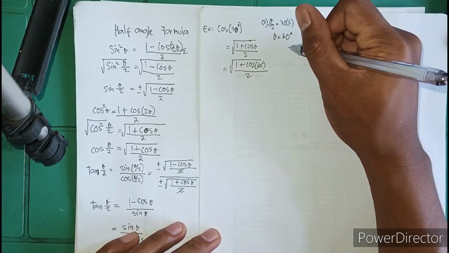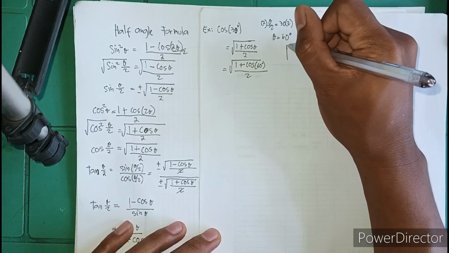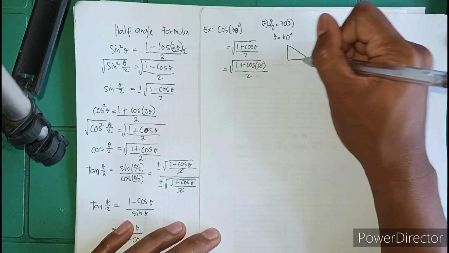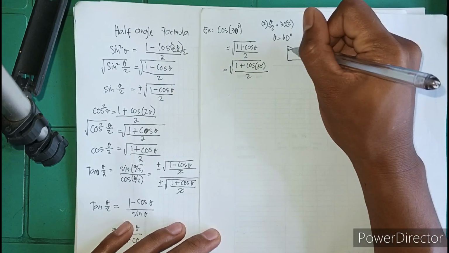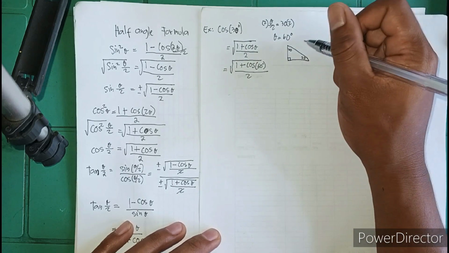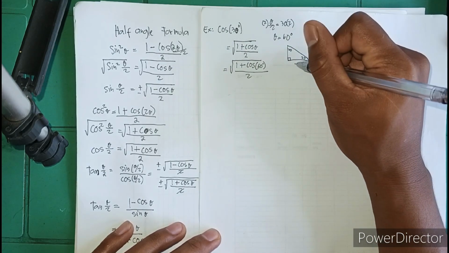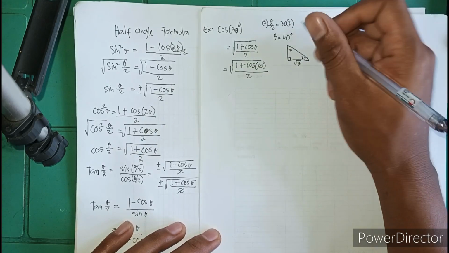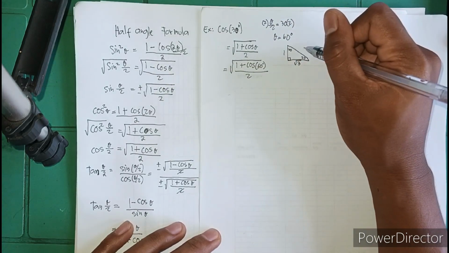With that in the 60-30 triangle, it says square root of 3, 1, and 2.